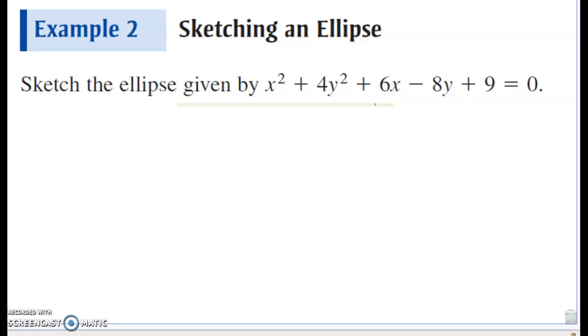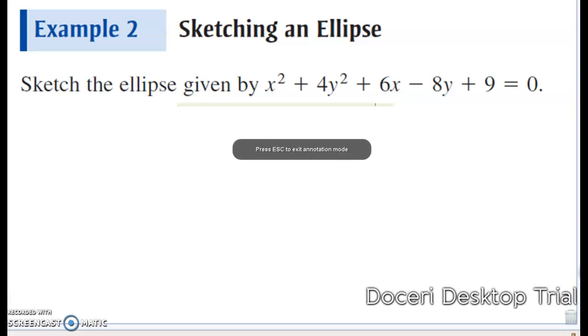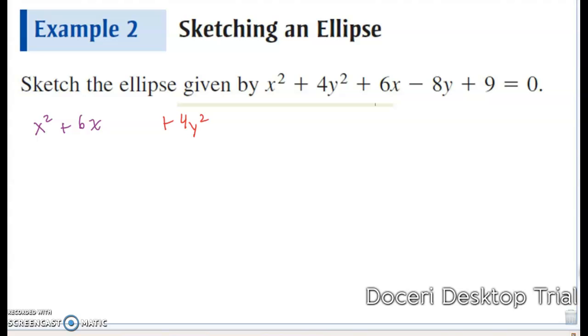So what we need to do is go ahead and separate them. I'm going to separate the x's, and then separate the y's, and all the constants I'm just going to move over to the right hand side. So to begin, I'm going to put the x's together, and then leave some space here, change color, and put the y's together like this.